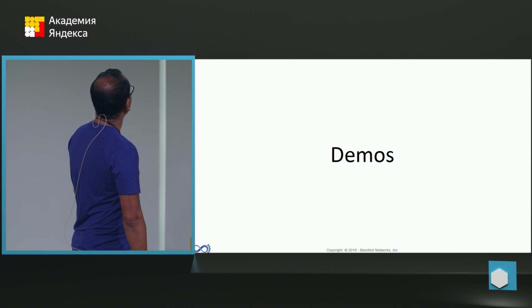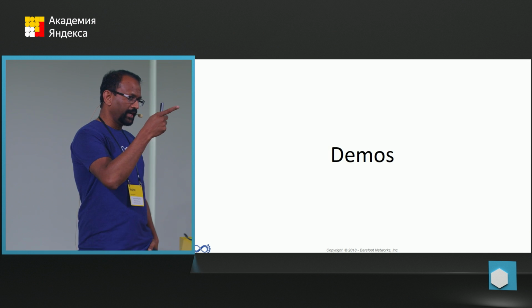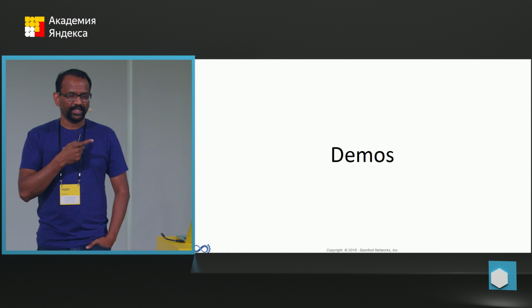So we have a couple of demos running outside. I'm going to describe them quickly. So one of them is called a packet and flow monitor. Since Tofino is fully programmable, we were able to implement a small piece of logic, which essentially has a counter for packets that are coming in, but this counter is based on the packet size.